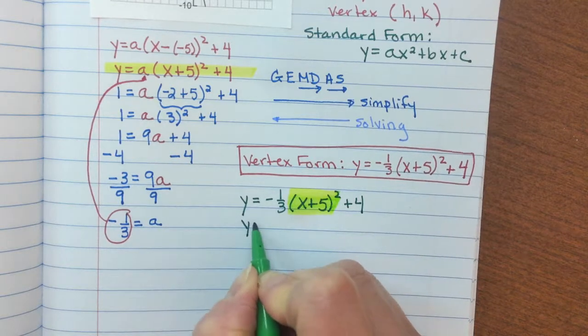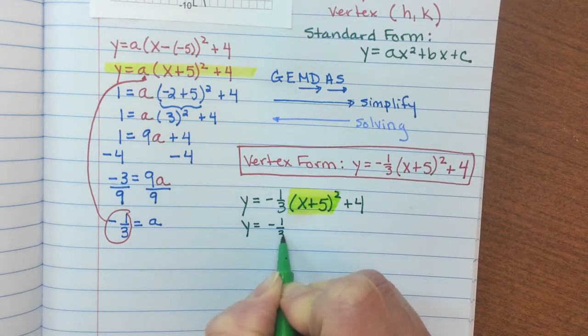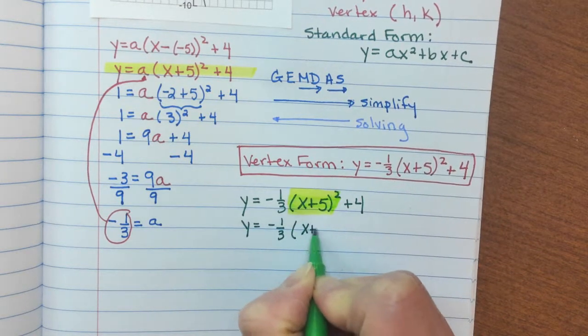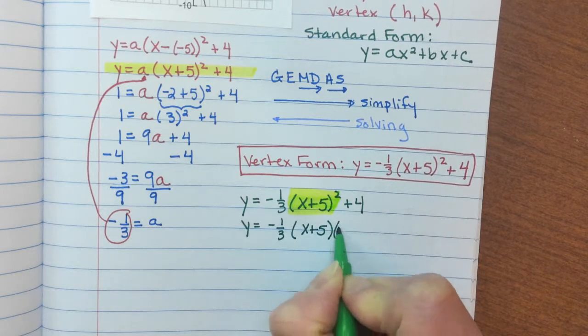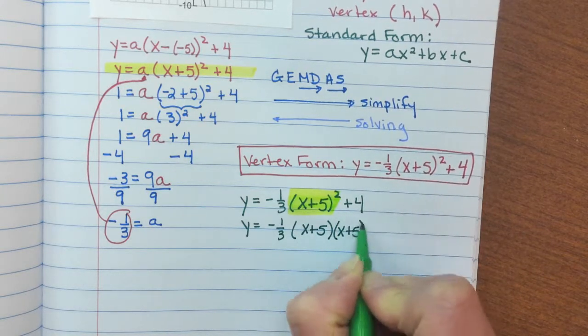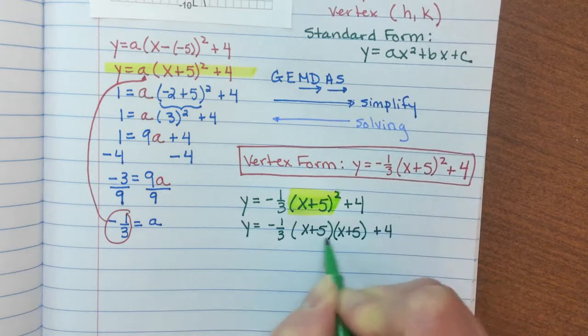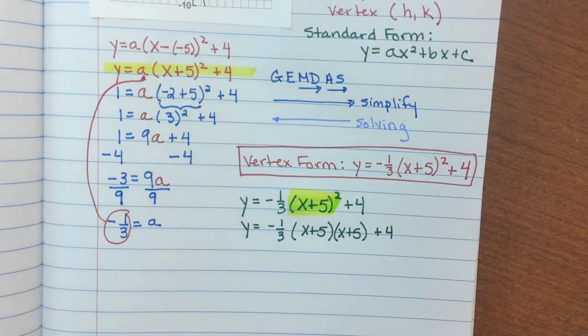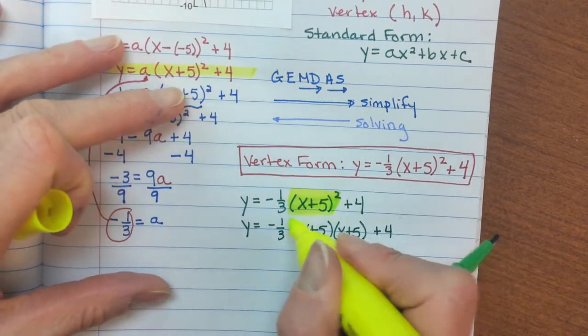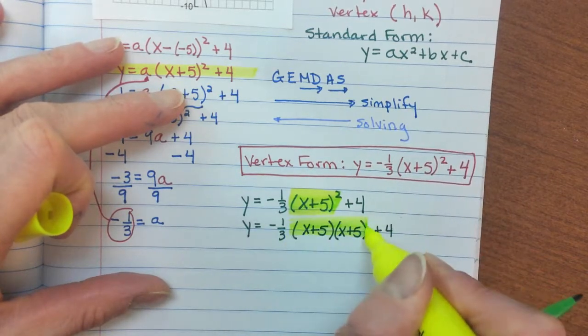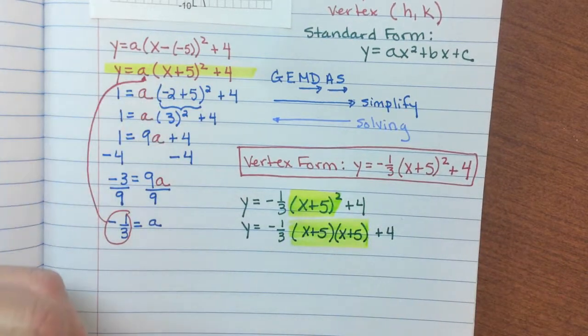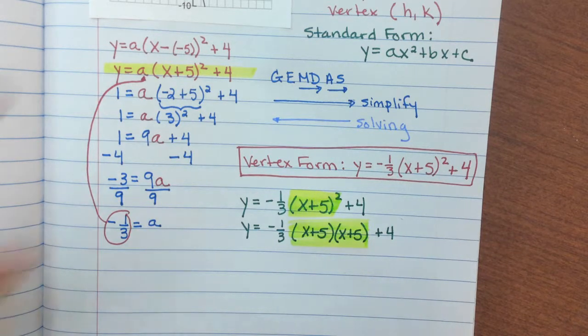So that's y is equal to negative 1/3 x plus 5 times x plus 5 plus 4. I've just expanded x plus 5 squared. So everything that's in yellow is the same thing.